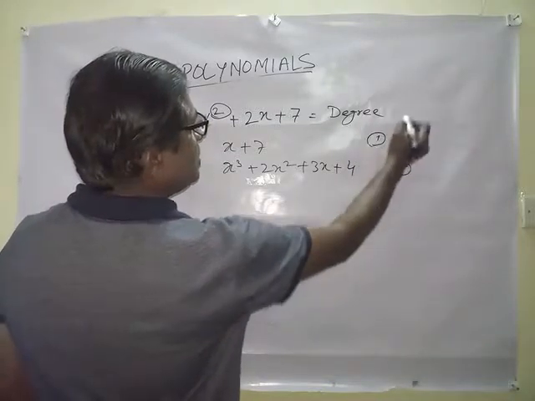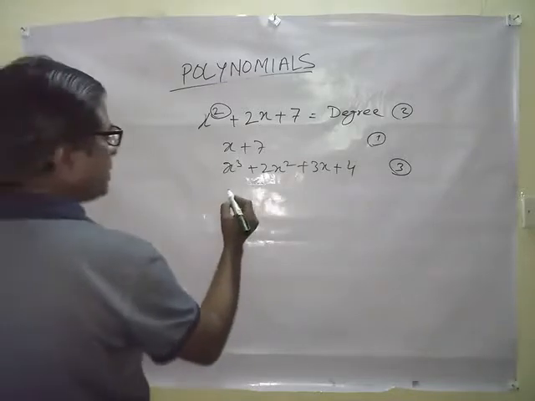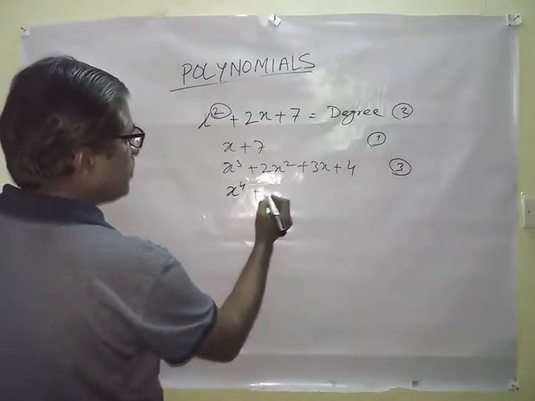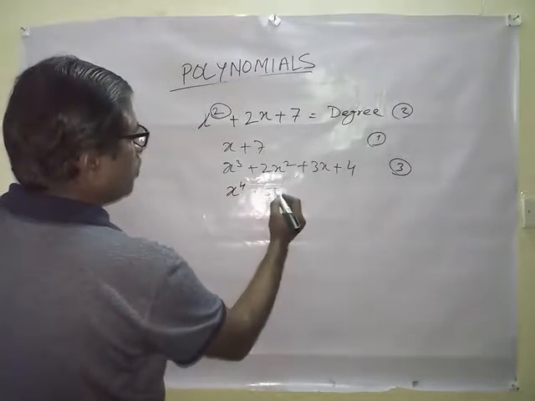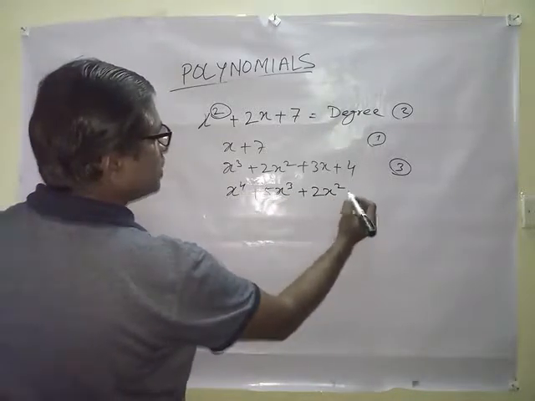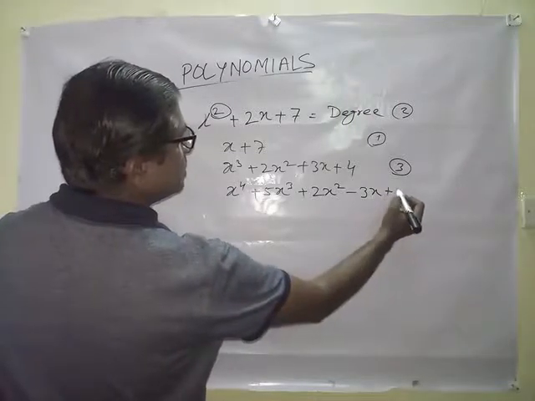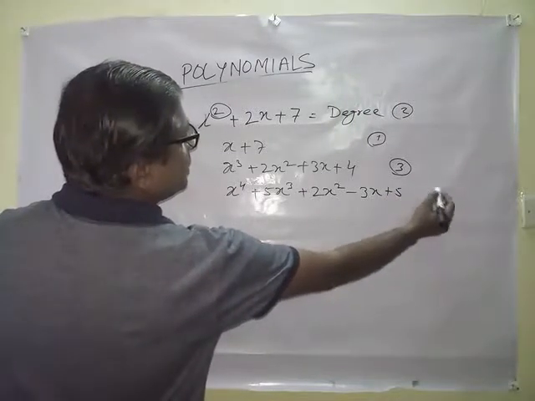This is degree 1, this is degree 2, and so on. x4 plus 5x cube plus 2x square minus 3x plus 5 has a degree 4.